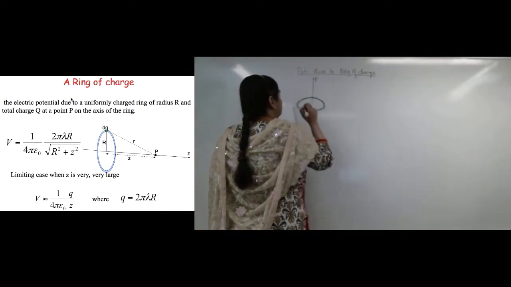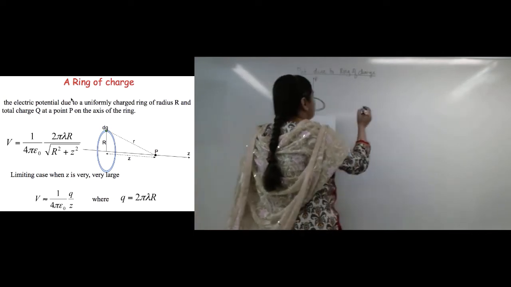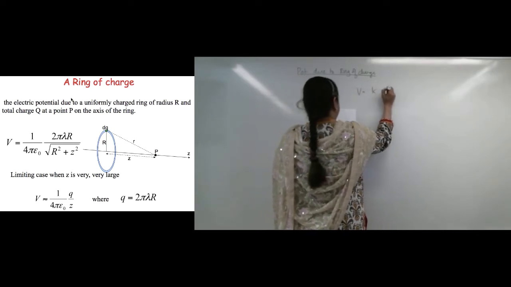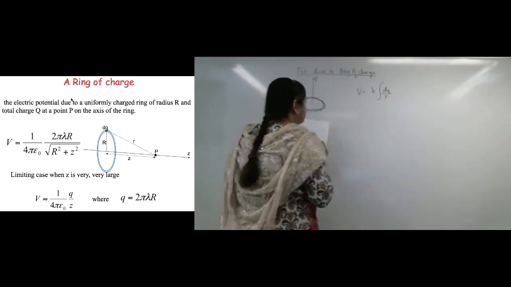The easiest scenario would probably be at the top, okay? Again, what do I know? I know absolutely V will be given by K dq over R integration, right?